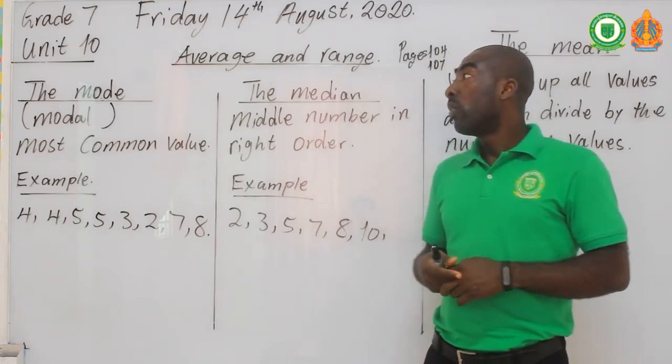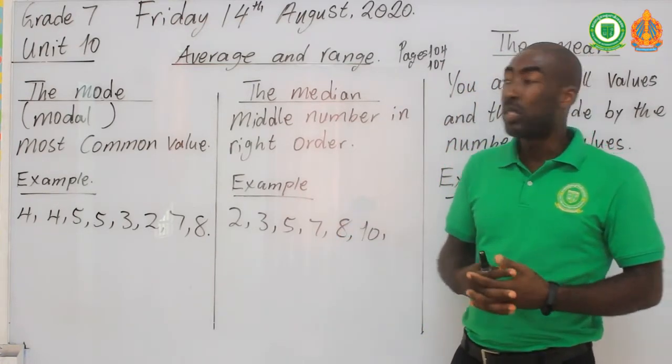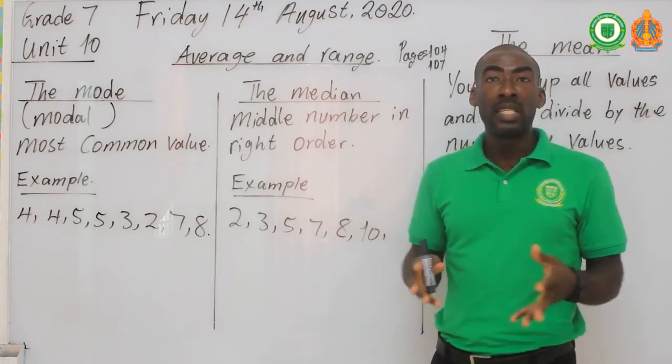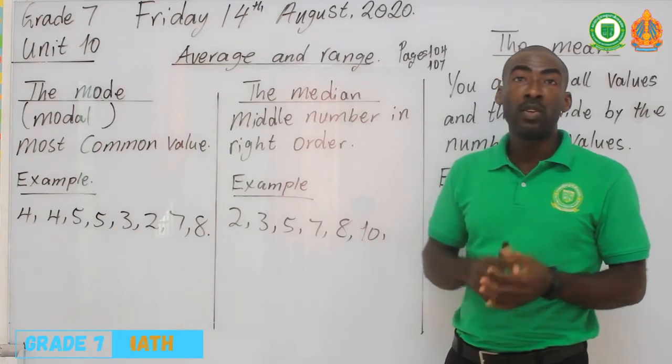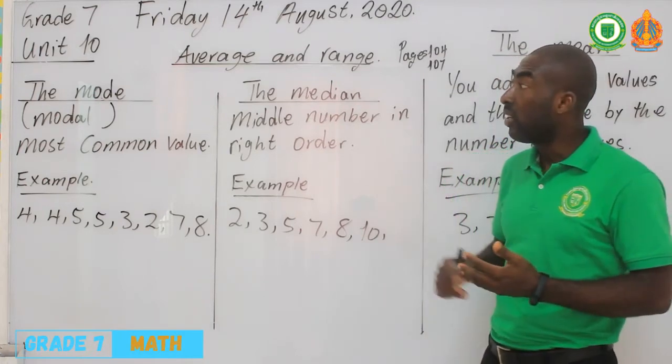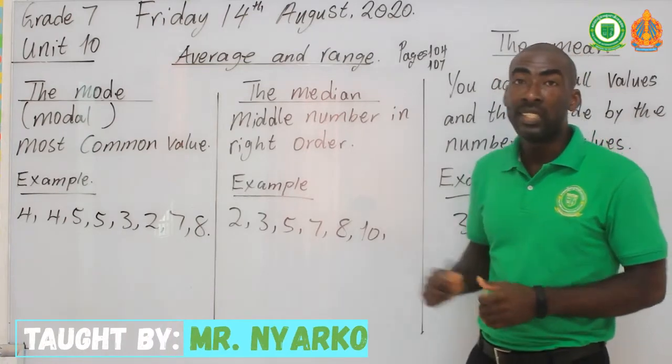In this video we're going to look at a different situation, because any data that you have can also be confusing or demand a different understanding of the mode, the median and the mean.